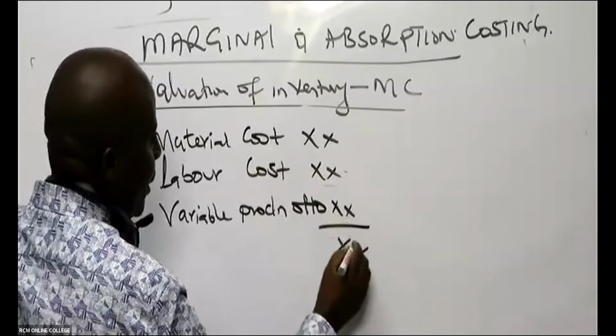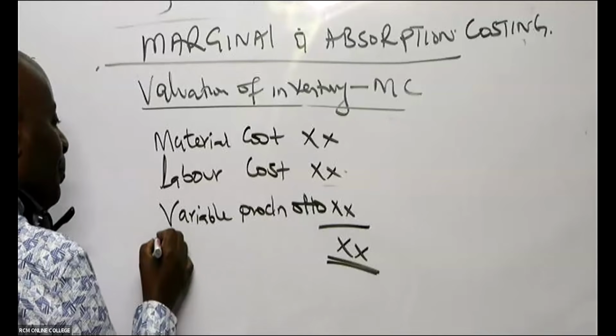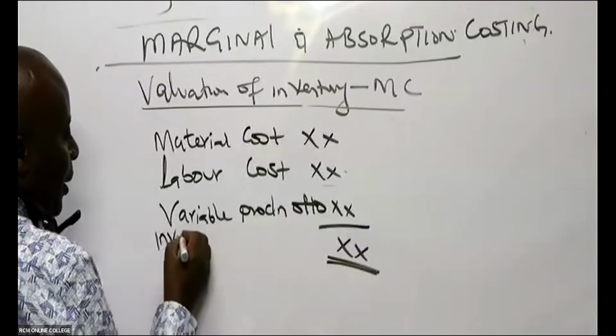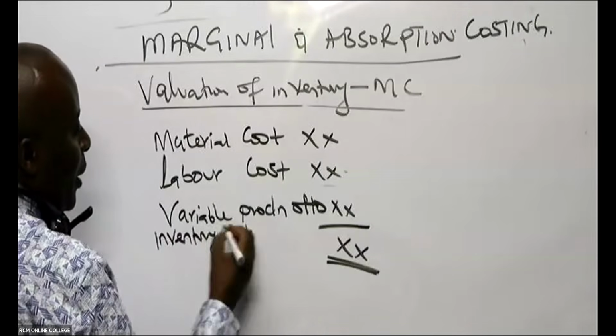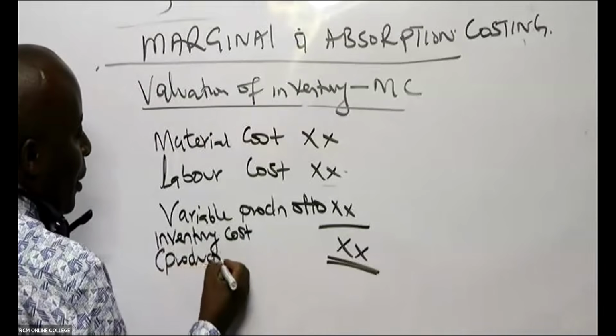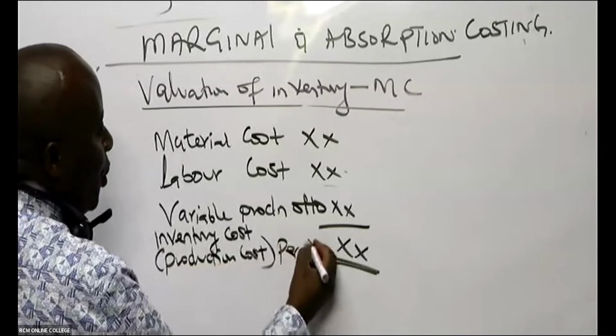Under marginal costing, this will be our inventory cost, or production cost, per unit.